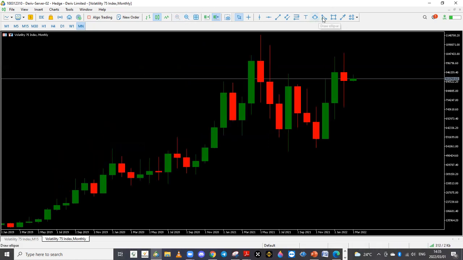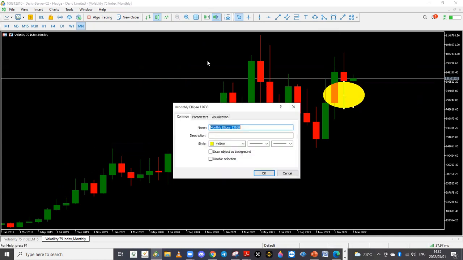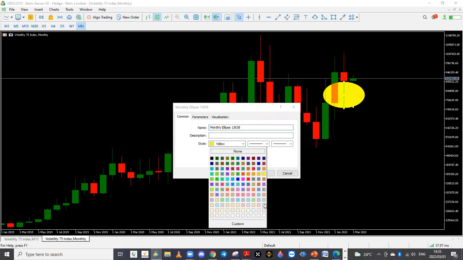If you can see, we also have this interesting level here. That interesting area there, if you check, that's a very serious monthly rejection. Let me put it on a different color.